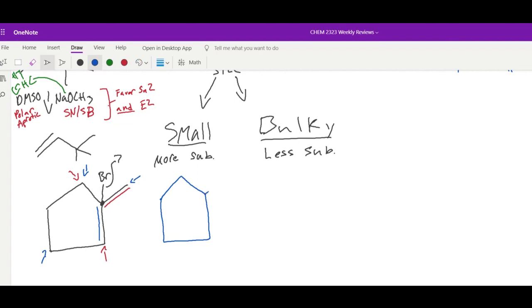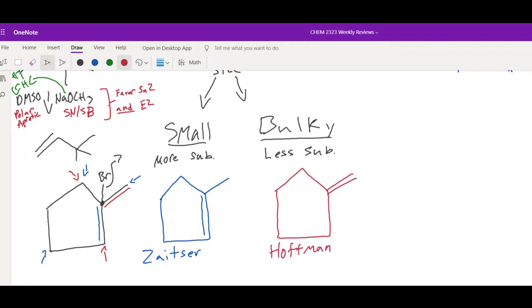If I do the blue one, this is called Zaitsev. I don't know if that's German, it sounds German. And if I do the red one, this is going to be Hofmann. So we call these the Zaitsev product and the Hofmann product.